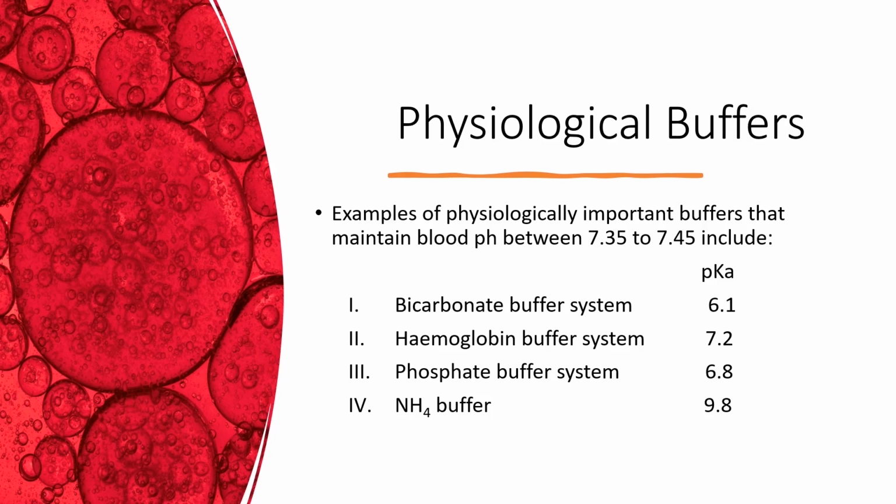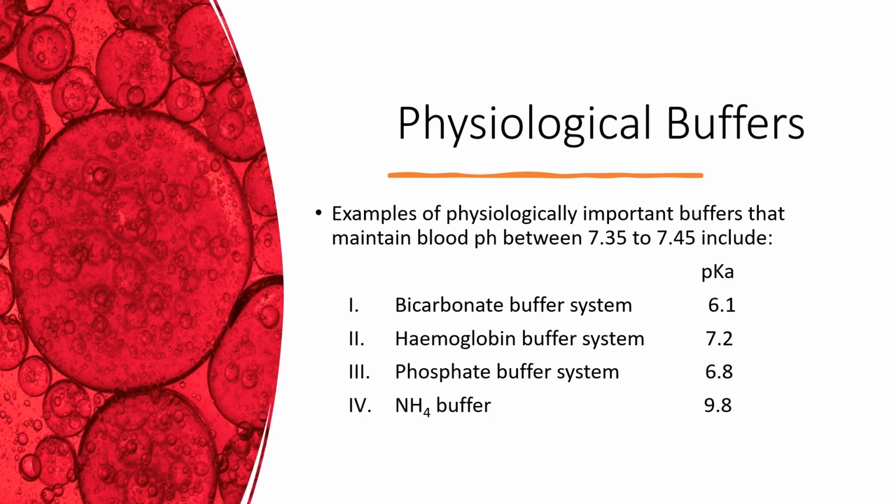If we are going to select any of these physiological buffers in terms of their contribution to the maintenance of the pH of the body, remember what we said, that the closeness of the pKa to the pH of blood will determine the effectiveness of that buffer system.